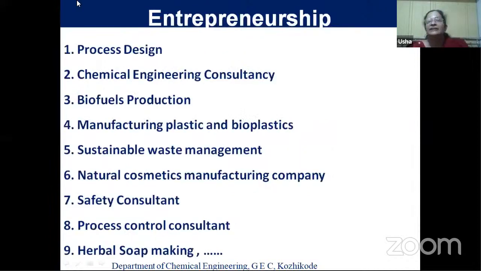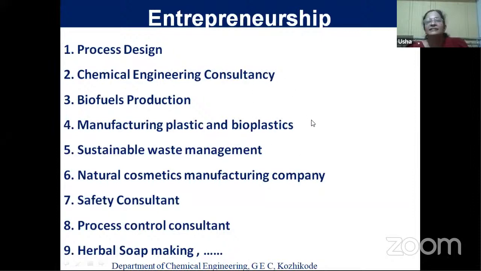Then next is entrepreneurship, that is the business side. These are some of the areas for entrepreneurship: process design, chemical engineering consultancy, biofuel production, manufacturing plastic and bioplastics, sustainable waste management, natural cosmetic manufacturing, safety consultant, process control consultant, herbal soap making.